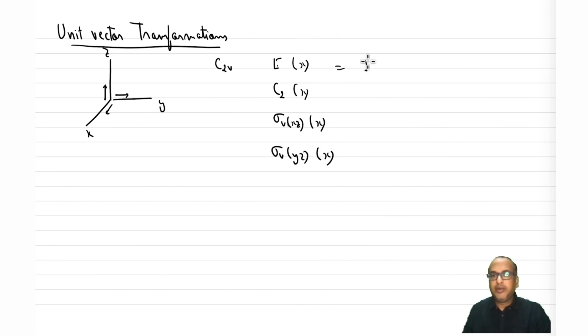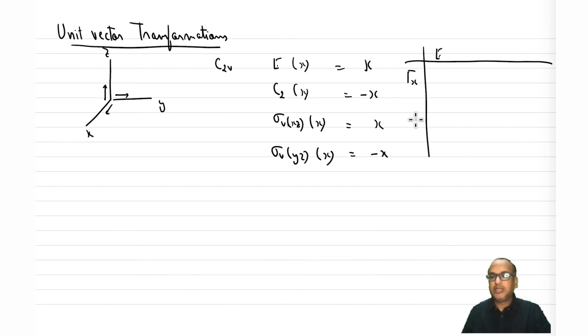So what do I get here? I get x here, x will be replaced with -x, this will be x, and this will be minus x, right? So sigma xz operating on x will give you x back, sigma yz operating on x will give you minus x, right?